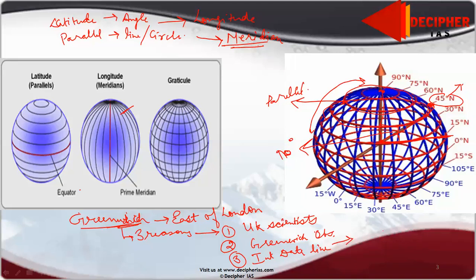That is, the line passing exactly opposite was non-inhabited. Why? Because it was in the ocean and there are some small islands which can be accommodated according to political demands.